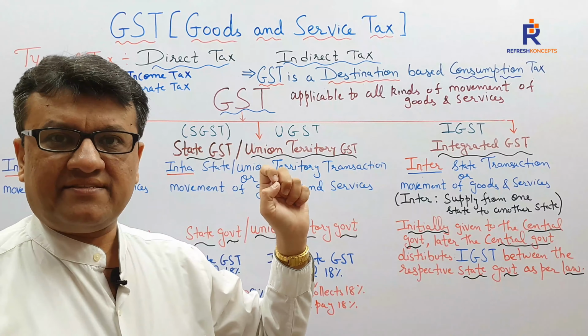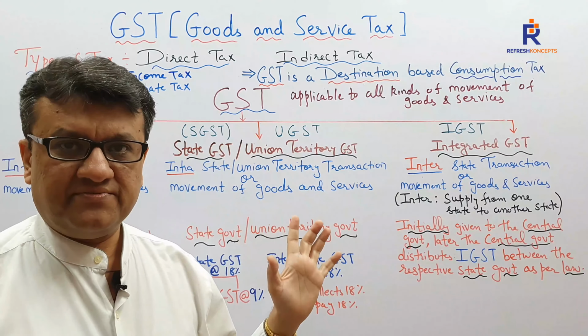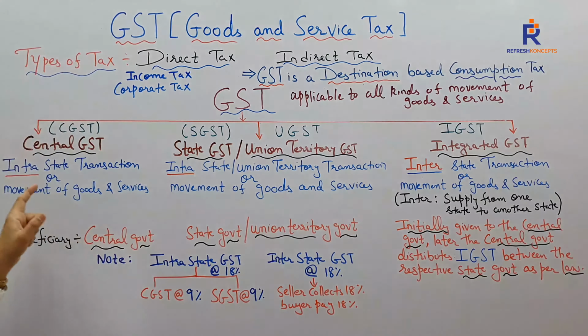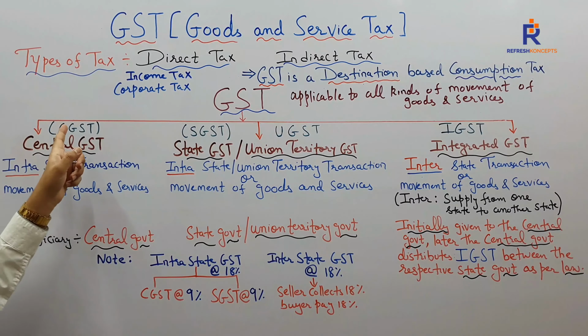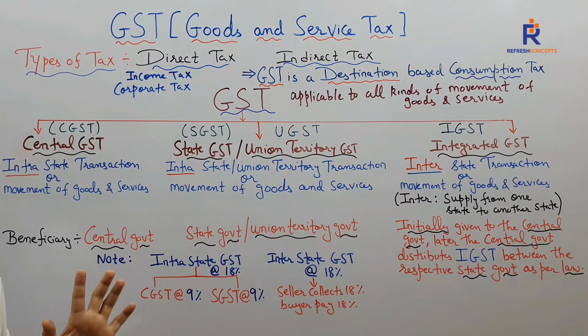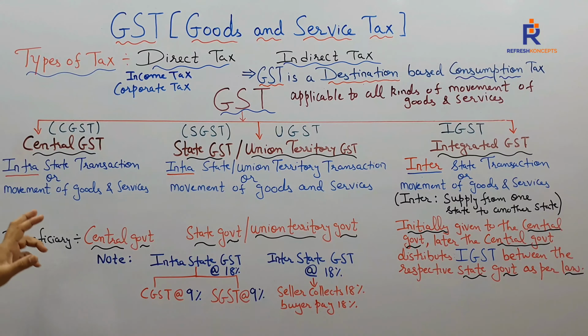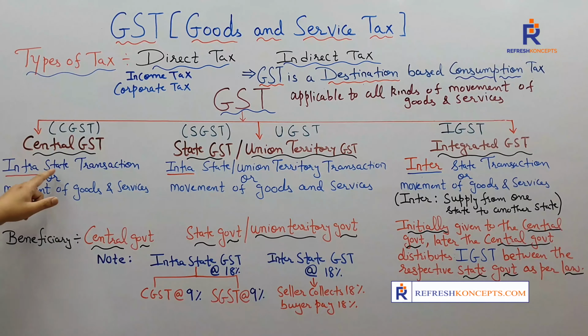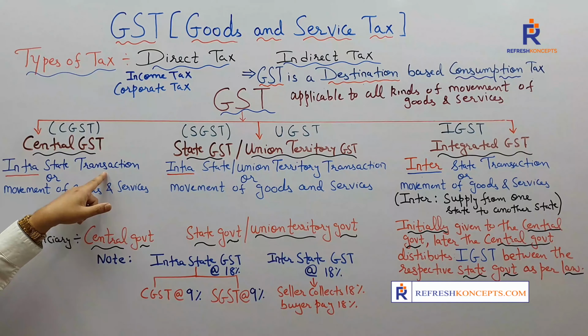Who can collect tax and who is the beneficiary, right? When can I say CGST is applicable on a particular goods or article? CGST gets applied only and only when the movement of goods and services takes place in an intrastate transaction.